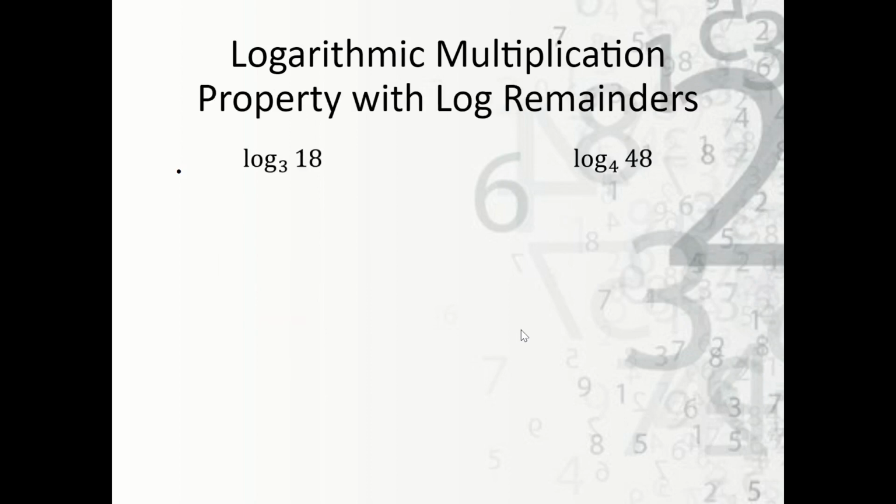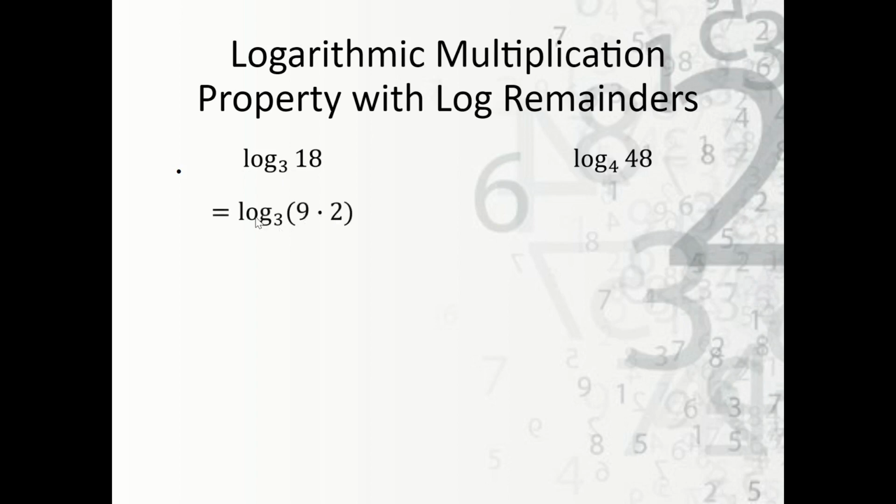Now, what if we end up with remainders? So we have log base 3 of 18. When we do this, we recognize that 3 doesn't necessarily go directly into 18, right? We can't multiply because 3 times 3 is 9, times 3 is 27. So we can't actually get all the way to 18, but we can get something out of this. So we're going to rewrite this as log base 3 of 9 times 2.